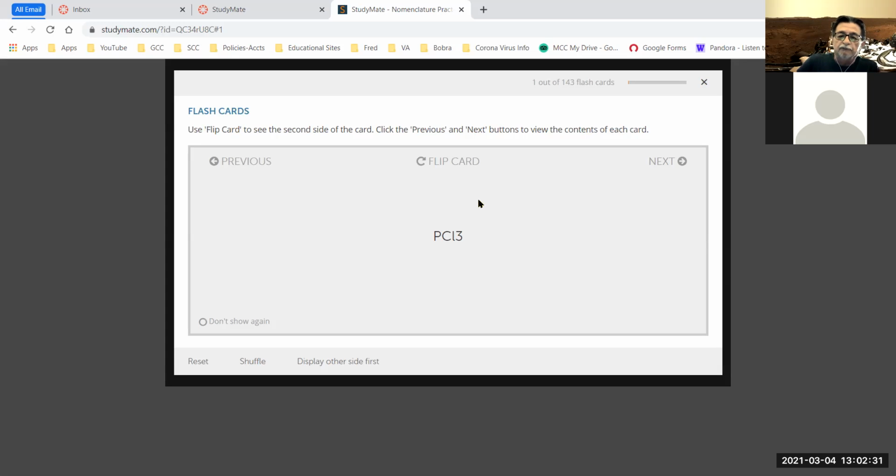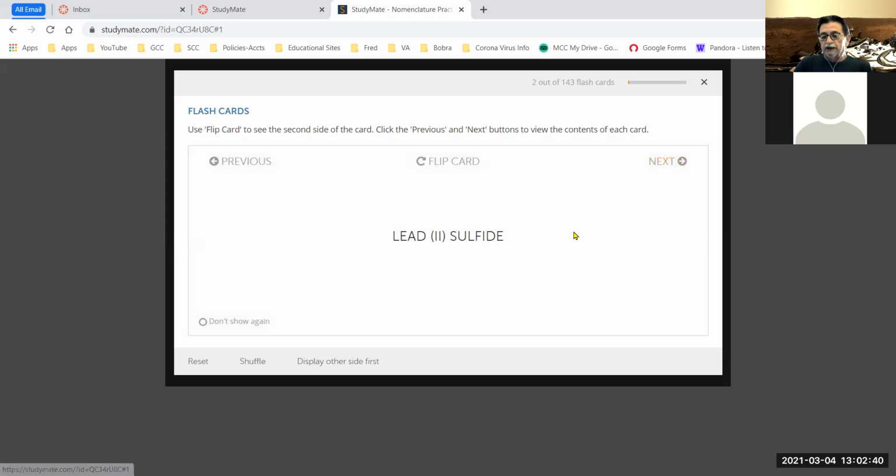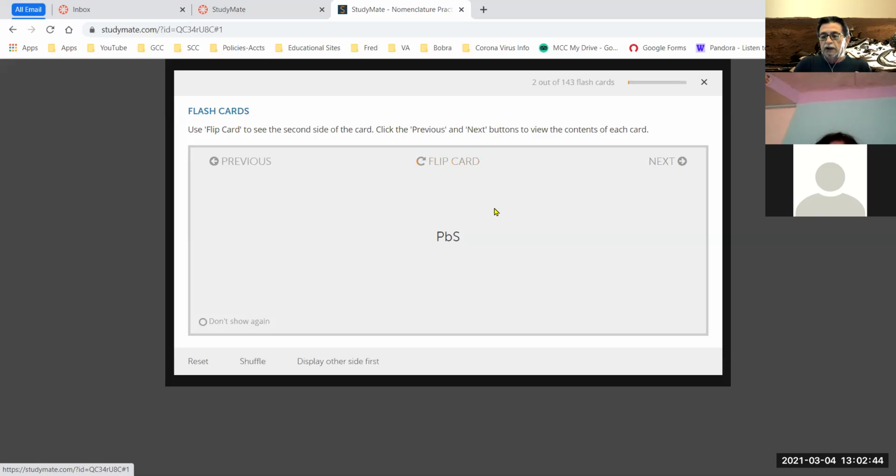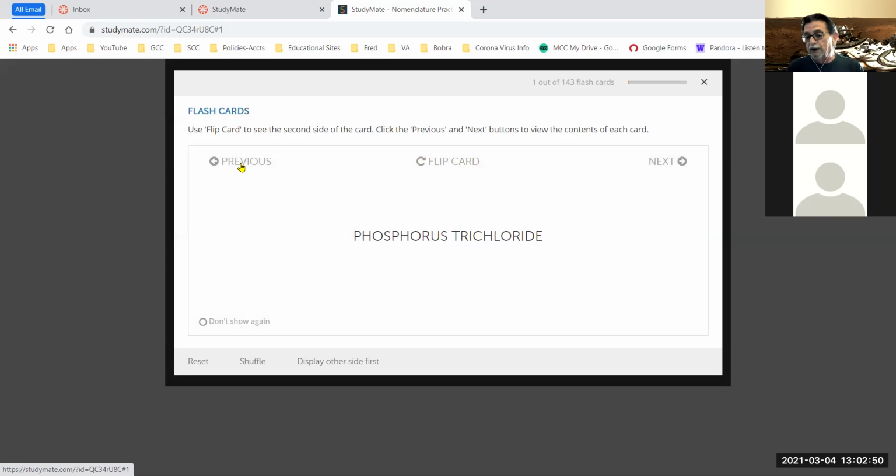So you got 143 chemical names. What does that mean? Even though as you proceed you can mix and match. Here's lead 2 sulfide, there's the formula. While you're doing this, you see lead sulfide, but that could have easily been lead chloride.